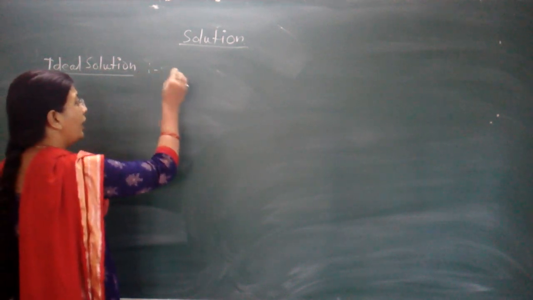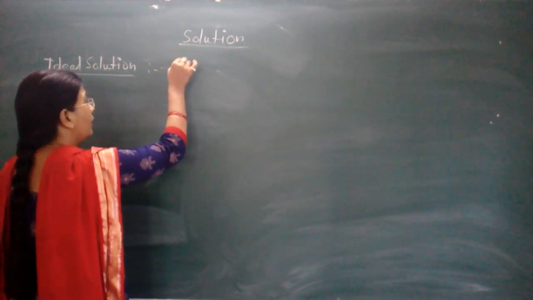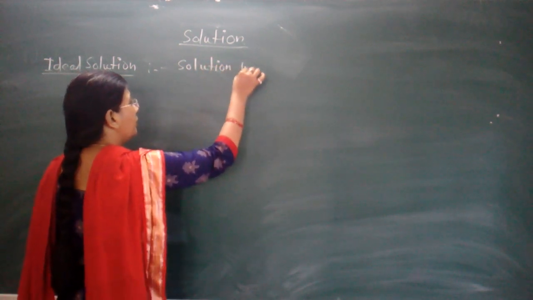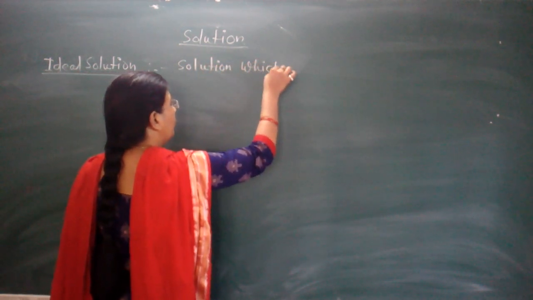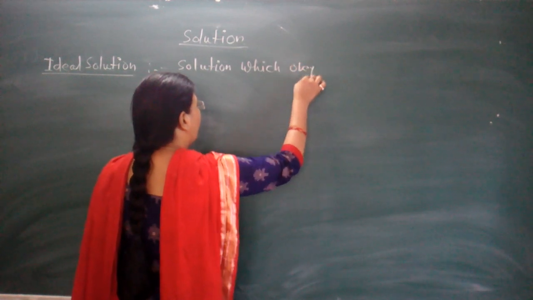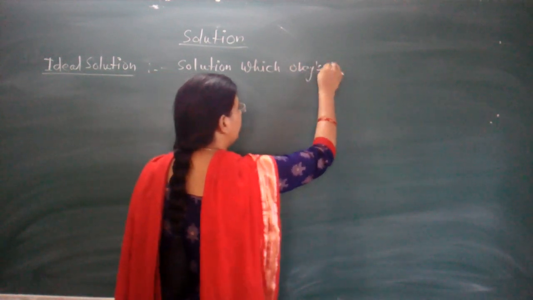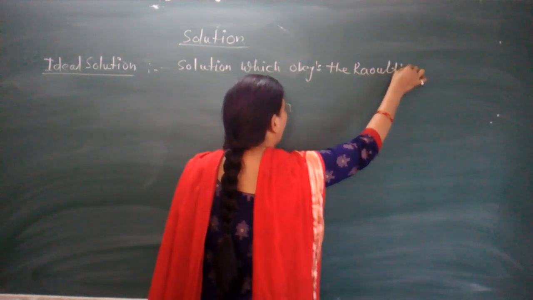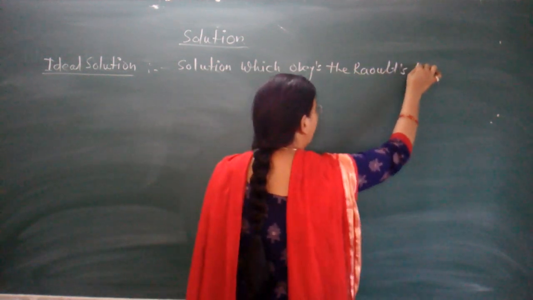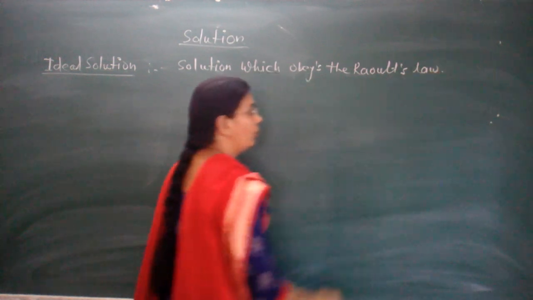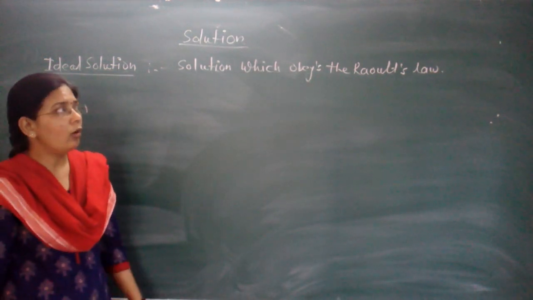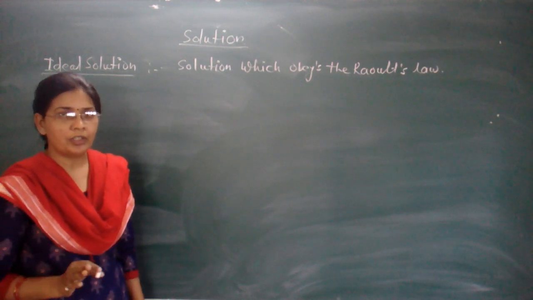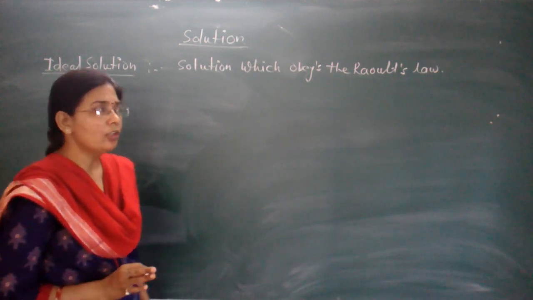Ideal solutions are those solutions which follow or obey Raoult's law. The solution which follows or obeys Raoult's law over the entire range of temperature and concentration is known as an ideal solution.